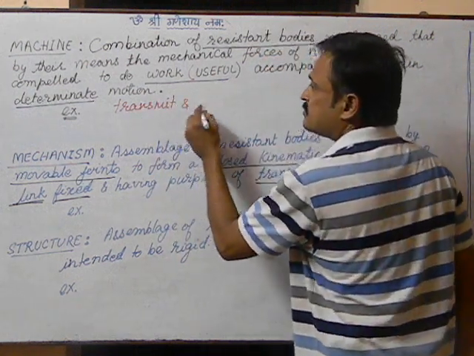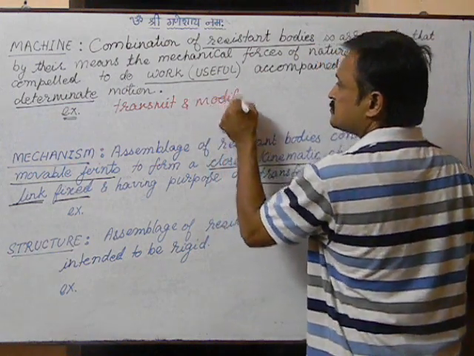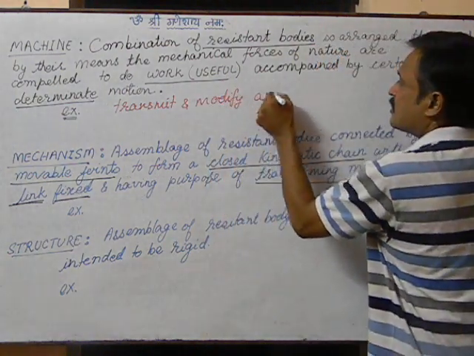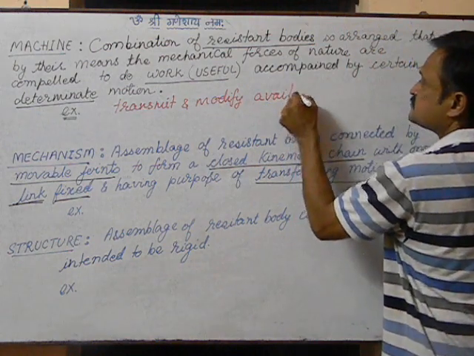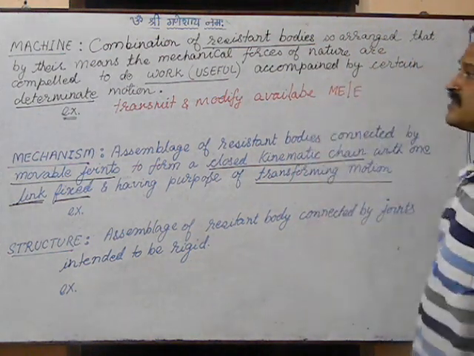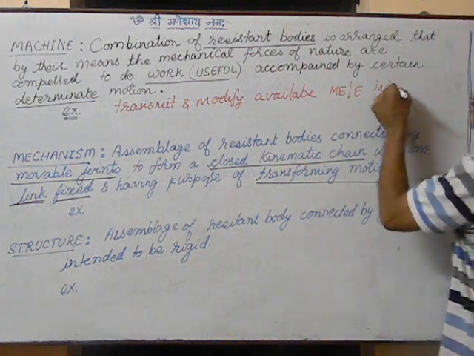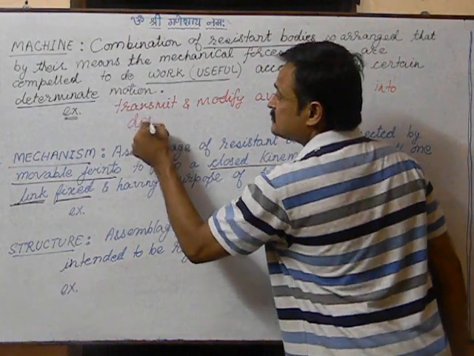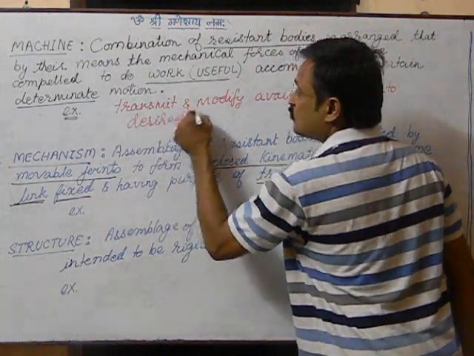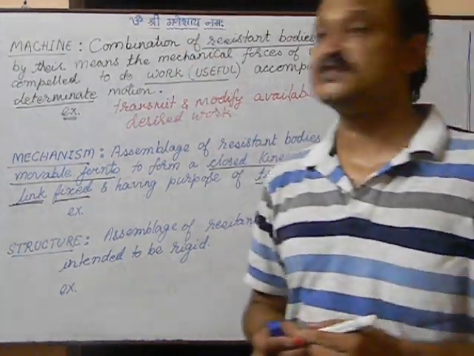and modify available energy, it can be mechanical energy or for that matter any energy, into desired work. So this is the intention of a machine, or what is a machine doing?